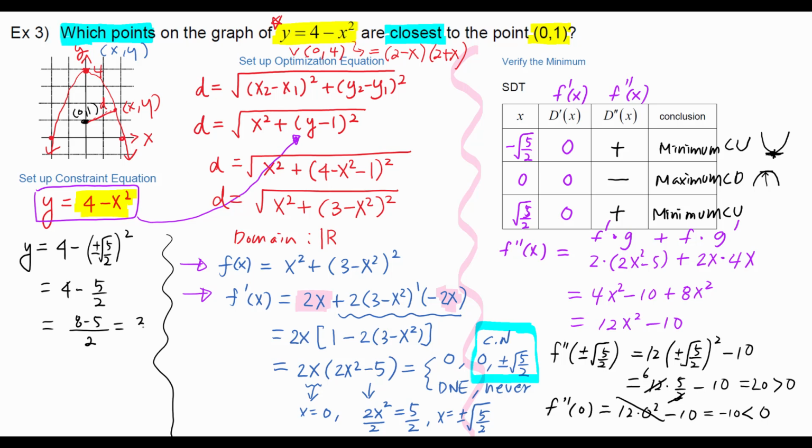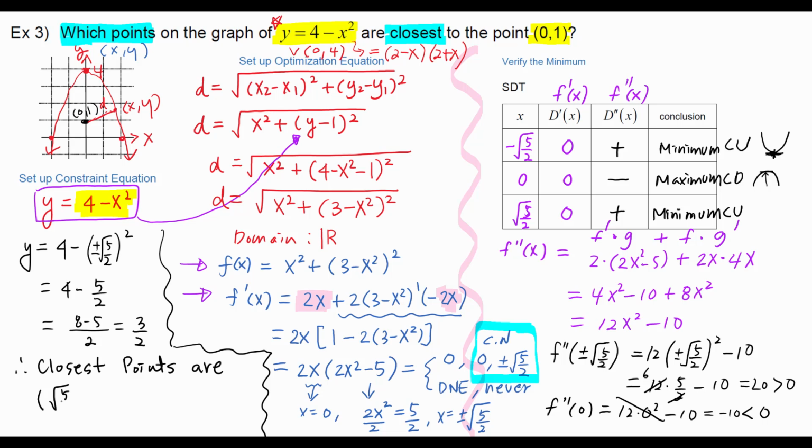So it is 3 over 2. So my closest points are radical 5 over 2, comma, 3 over 2. There's one more, right? Negative radical 5 over 2, comma, 3 over 2. And here is my answer.